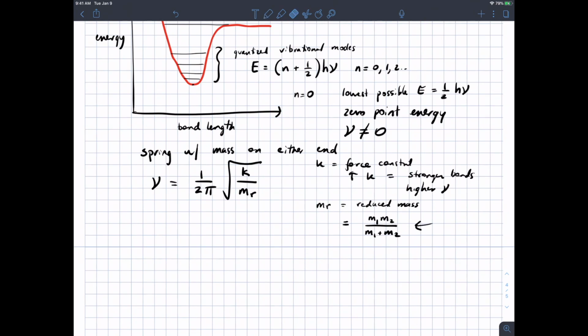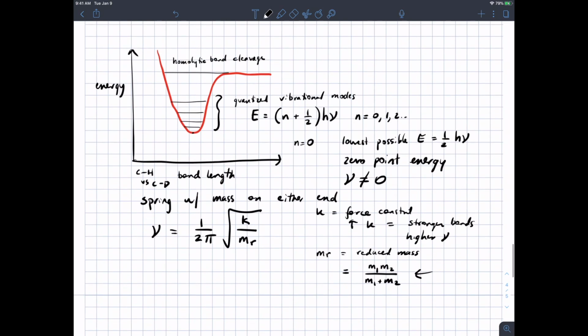Let's think about a bond where we would have maybe a CH bond versus a carbon deuterium bond. And we're going to think about the zero-point energy level. Okay?